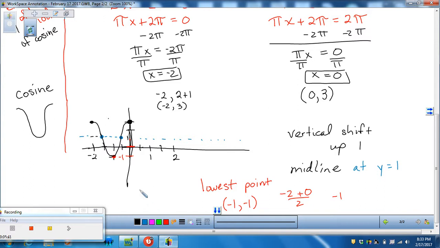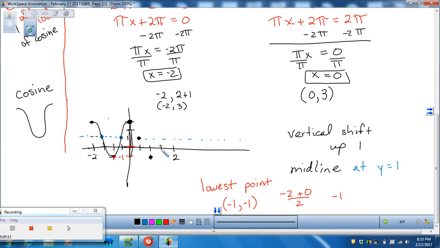Now let's go ahead and repeat the process again. I'm at a high point, so my next low point is going to be 1/2 over. So we'll have crossing the midline if we've gone over 1/2 to the right. My low point will be the next point over, and it will be down at negative 1.